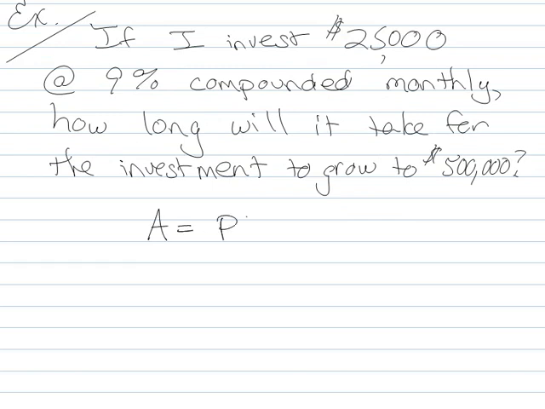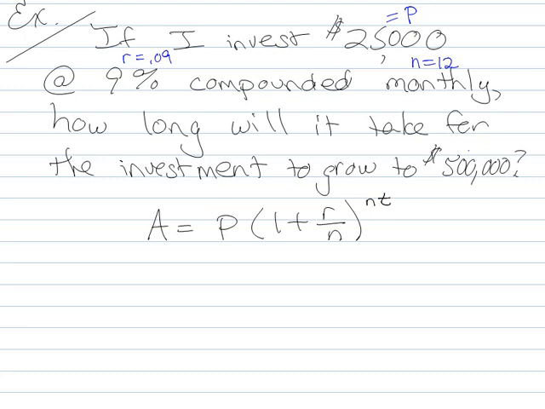A equals P times 1 plus r over n to the nt, not rt, to the nt. That's better. Let's not make that mistake. All right, now I'll look at my information to figure out what's what. 25,000, that's how much I initially invested, so that's going to be P, my original principal. Then my rate is 9%, compounded monthly, so n is 12.